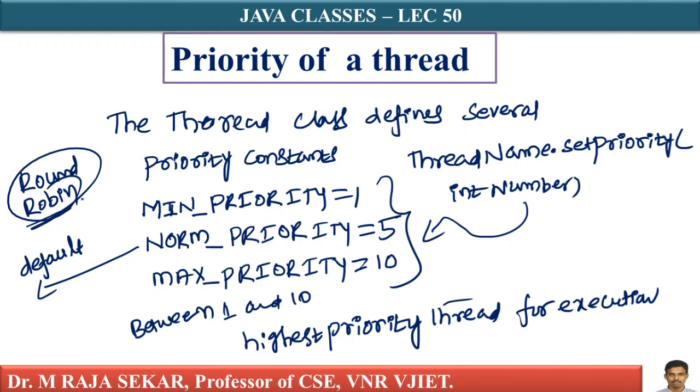A thread priority can be adjusted. I can adjust a thread priority by a method known as setPriority. With this method, I can set the priority of a thread, and we can also retrieve the priority.